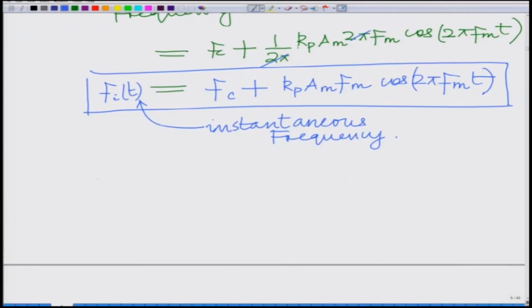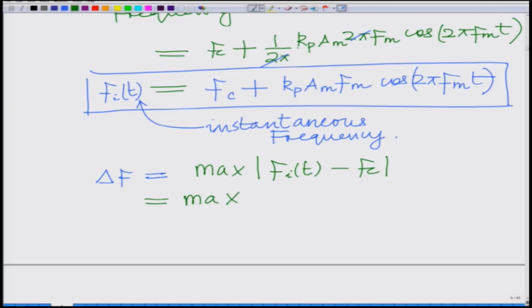Now, this is f_i(t). Let us find the frequency deviation of this. Remember, delta f, the frequency deviation, is the maximum of f_i(t) minus f_c, that is the unmodulated frequency of the carrier.